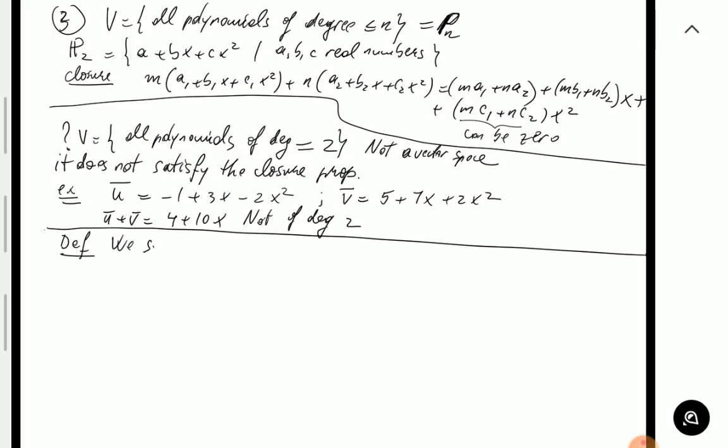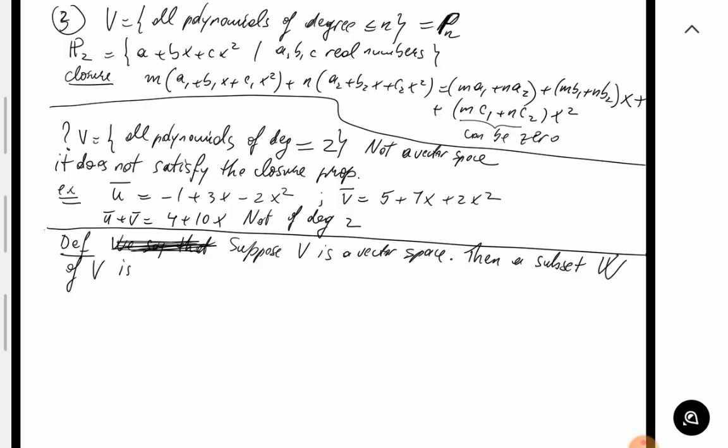Suppose V is a vector space. Then a subset W of V is a subspace of V if W is a vector space itself.